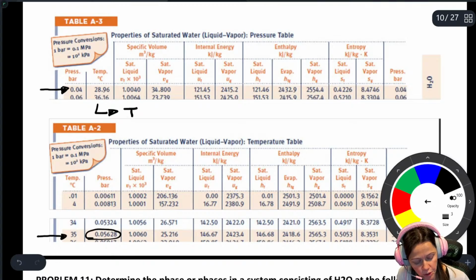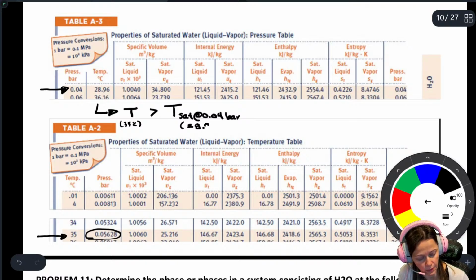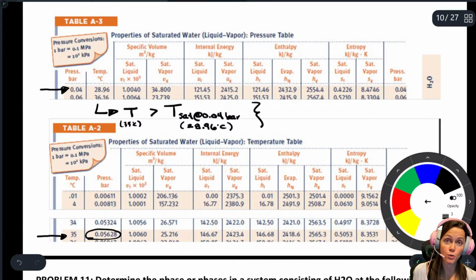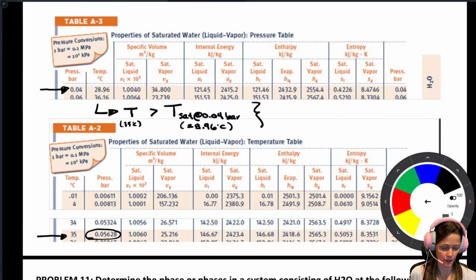So our temperature, 35 degrees Celsius, is greater than the Tsat at our pressure, 0.04 bar. That temperature would be 28.96 degrees Celsius. And so if you go up to those rules, it's superheated.